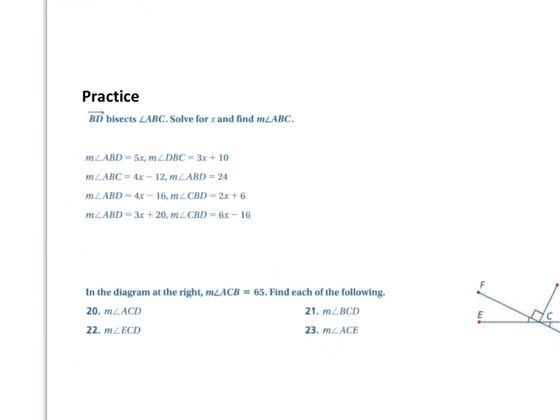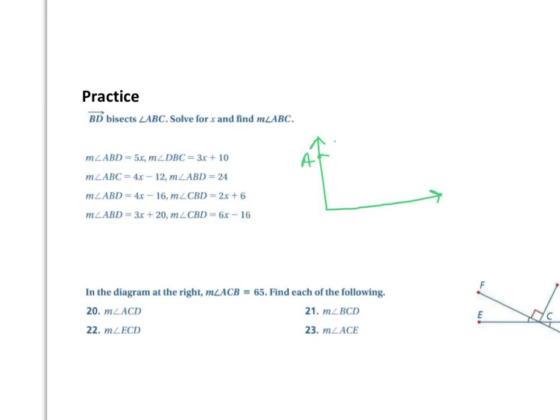So this tells us that BD bisects ABC, so let's draw angle ABC. Doesn't really matter exactly how it goes here. We just want the angle.